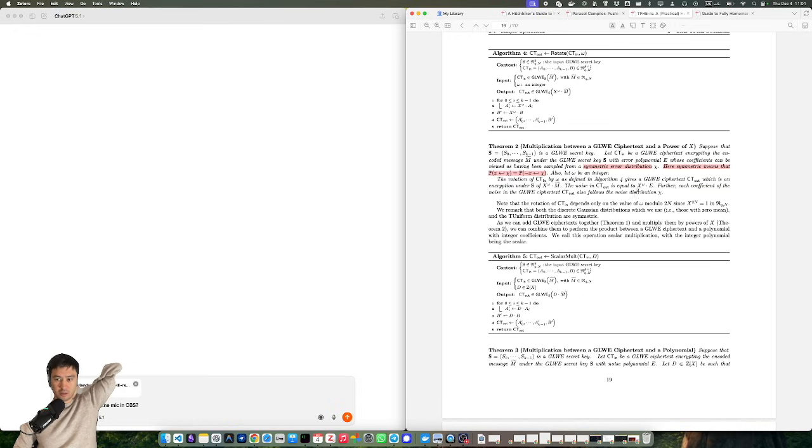It's like each coefficient of the noise in that ciphertext, because remember this is a vector, right? We're in GLWE, so it's a vector of RLWE elements. Sorry, this is not a vector actually. It is a vector of size 1. So it's an RLWE of size 1, and each coefficient is in LWE. So it's in Z_q, right?